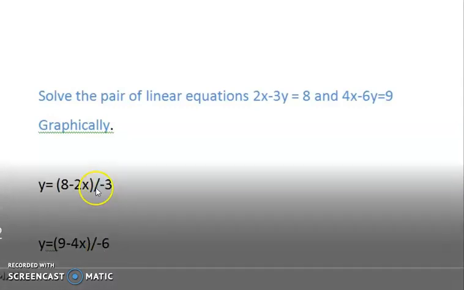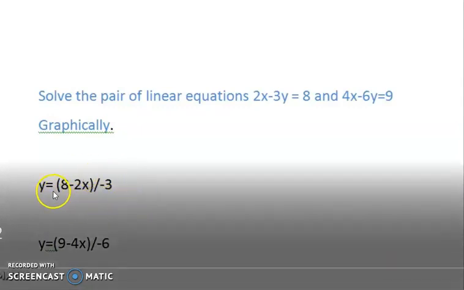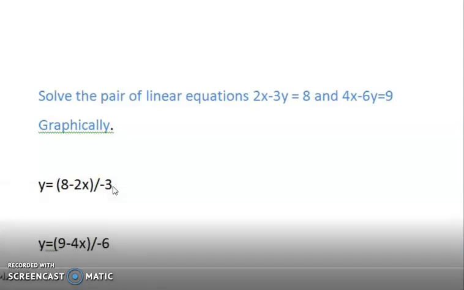Now observe the denominators, children. Here you have 3 and here you have 6. Both the denominators have 3 as one of the factors. While solving these values, unless the numerator is a multiple of 3, we get non-terminating decimals.